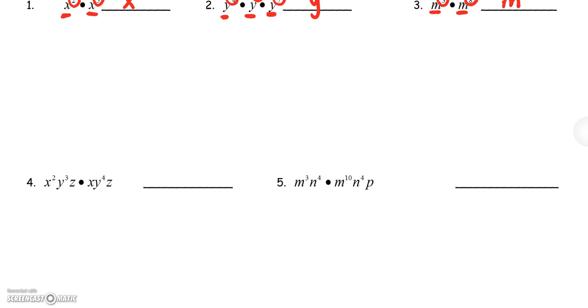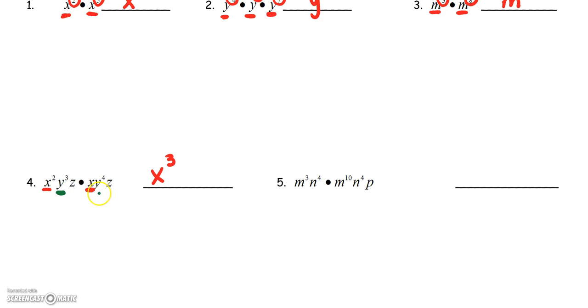For problem number 4, we've got many different variables with different exponents. So again, we can multiply anything that has the same base and use our rule. For example, x squared and x to the 1st, x being the base, they have the same base. So 2 plus 1 is x to the 3rd.